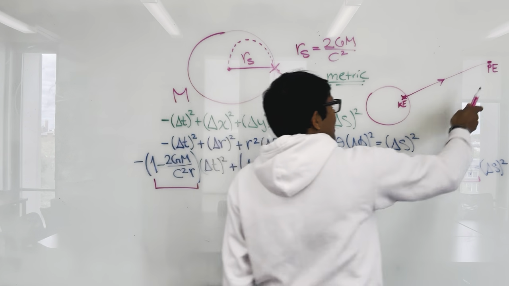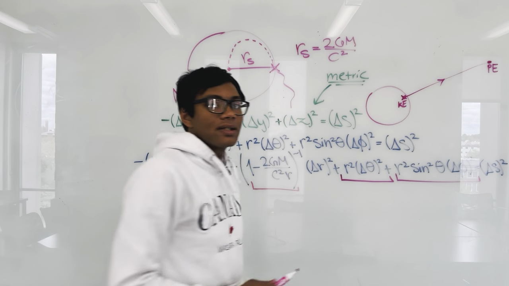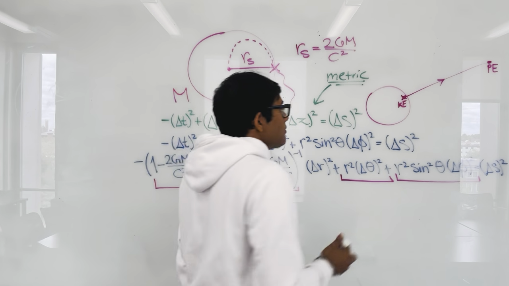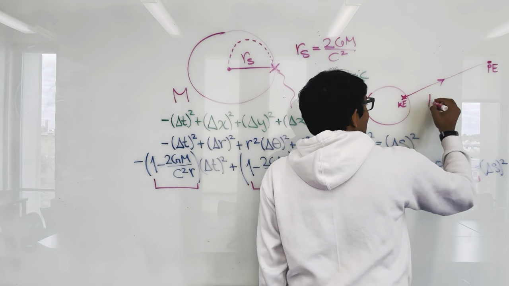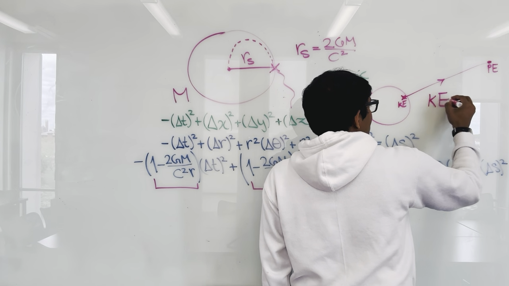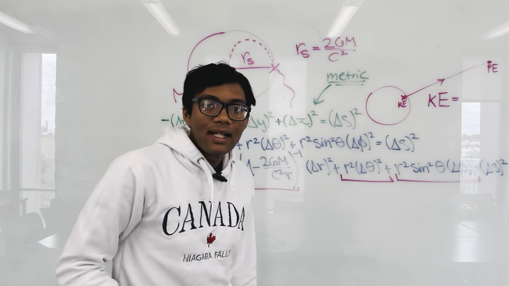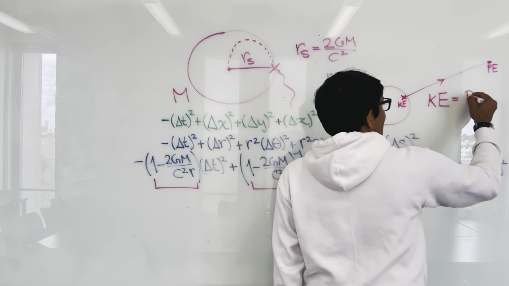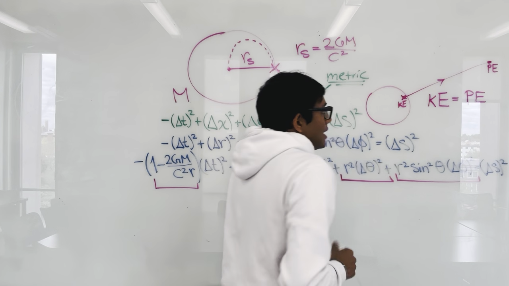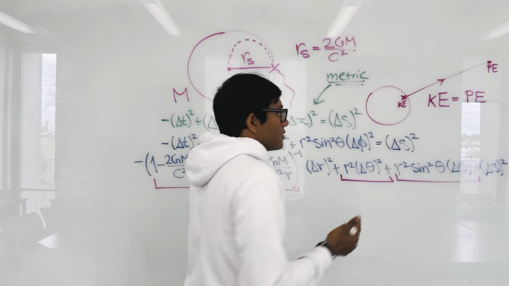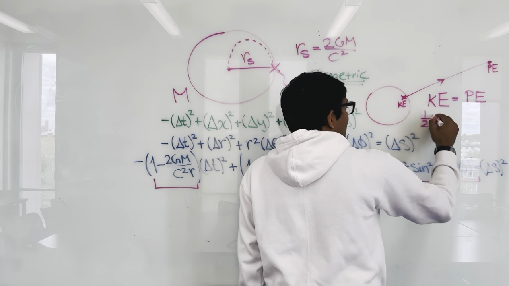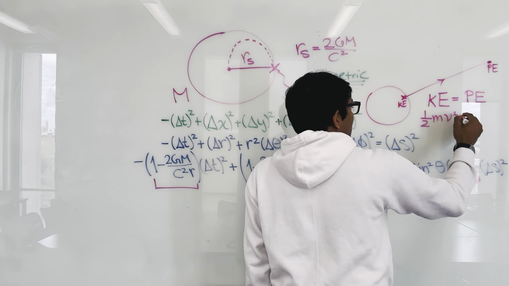So that means all its kinetic energy has now been converted into potential energy. So that means we can write that whatever kinetic energy the photon had in the beginning is now equal to its potential energy. Now we know the equation for kinetic energy is 1/2 mv squared.